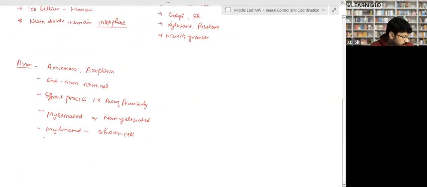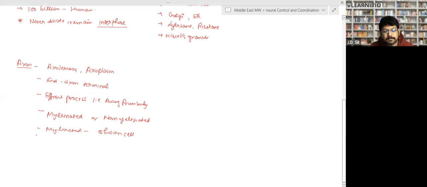Non-myelinated neurons do not have Schwann cells. Is that clear to all of you?